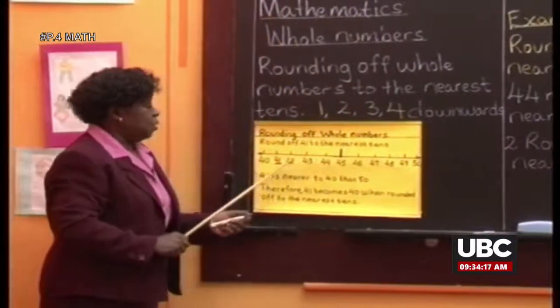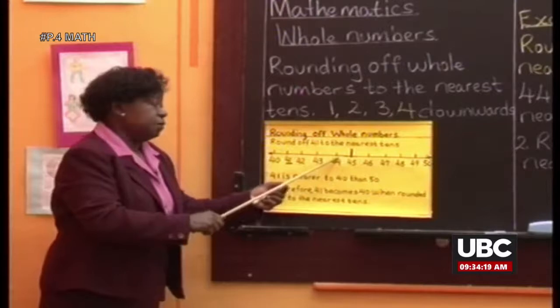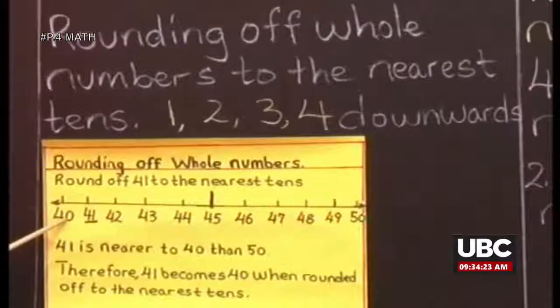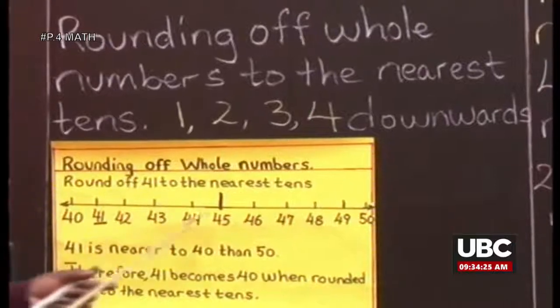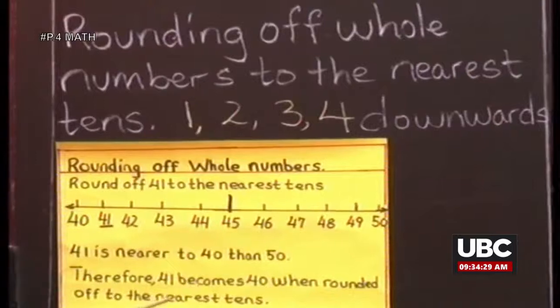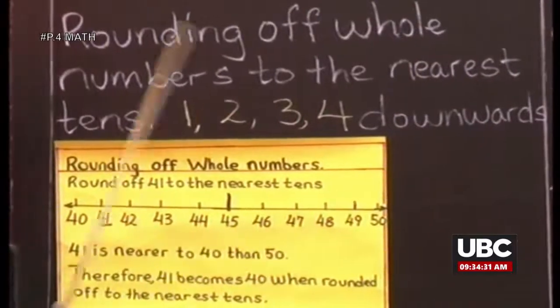In other words, all these numbers, as you round them off, the answer will come to 40. And numbers from 45 upwards, as you round off, you round upwards.